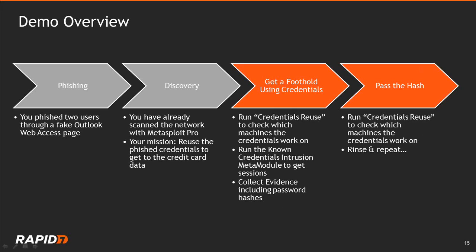And then we're going to use a meta module called the known credentials intrusion meta module to get sessions on that machine, and then the collect evidence feature to collect the passwords from the machine. We'll actually get some password hashes. We'll reuse these again using the reuse feature to see where they work, and we could go on probably for quite a few rounds owning more and more machines on the network, but again, for timing purposes, we will stop here.